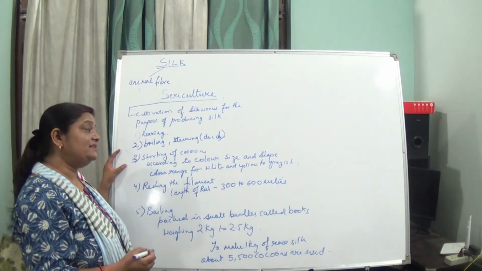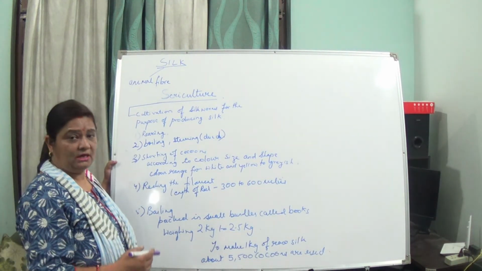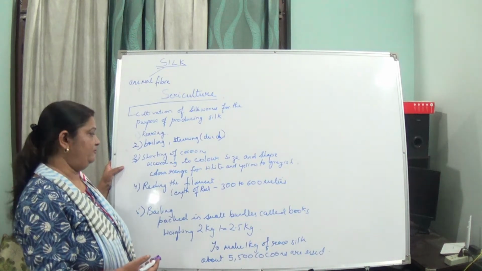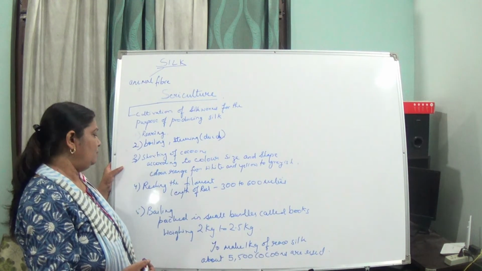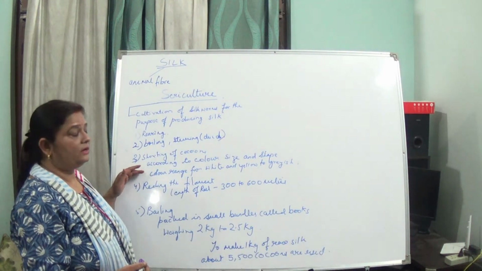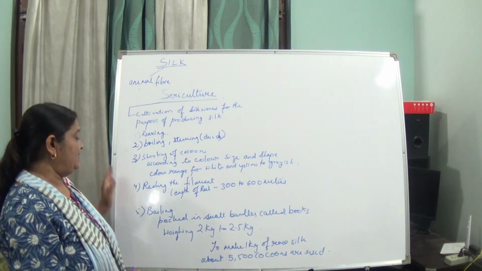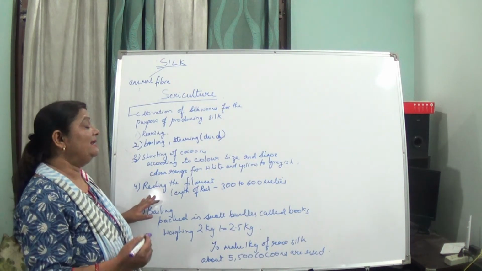Color ranges from white to yellow to grayish, and later on it is dyed also if we need a particular color. So the next step is dyeing, and then reeling the filament.